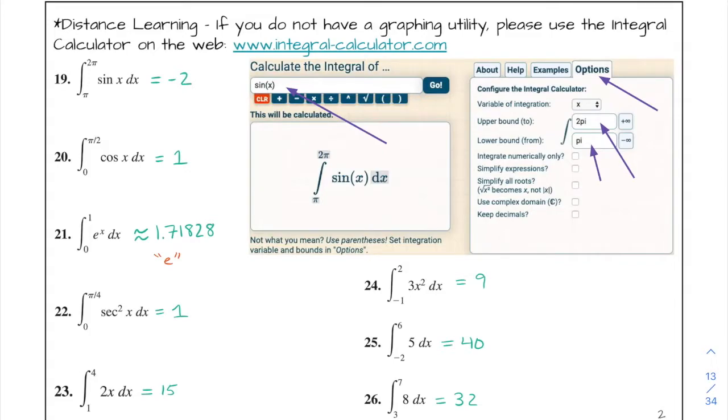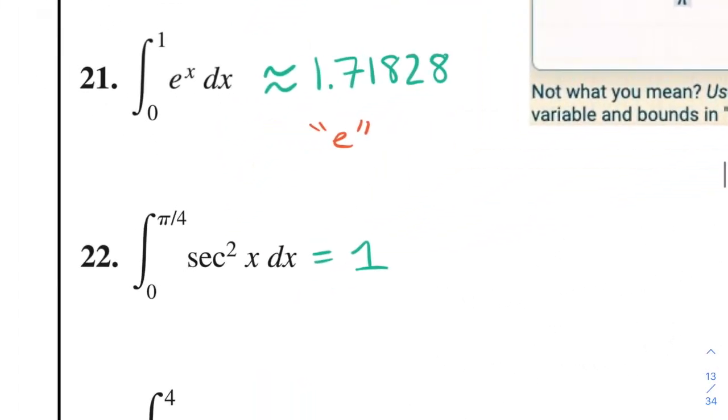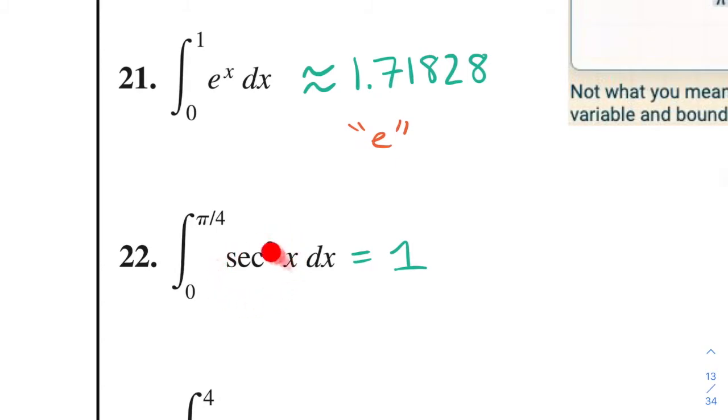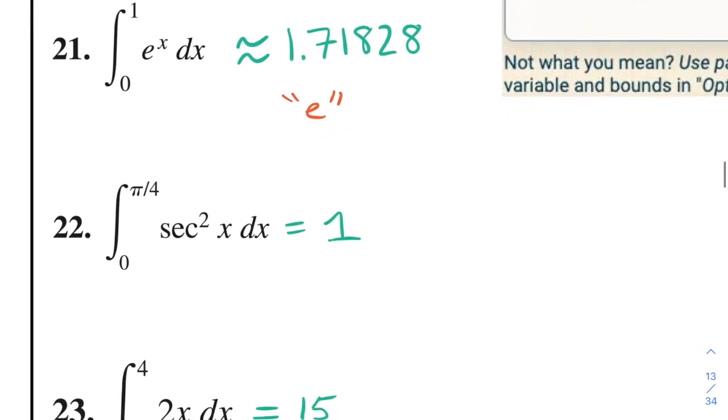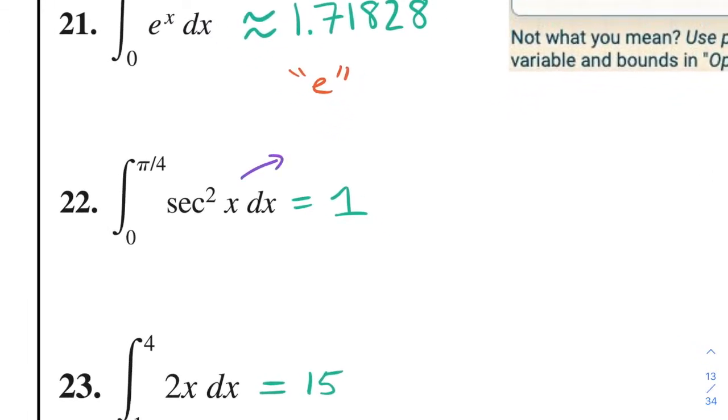But I'm going to show you how to actually do these by hand. We're going to stay away from some of them, but other ones that are easy enough are what we're going to do today. If you do type in secant squared, type it in as 1 over cosine squared in the calculator.